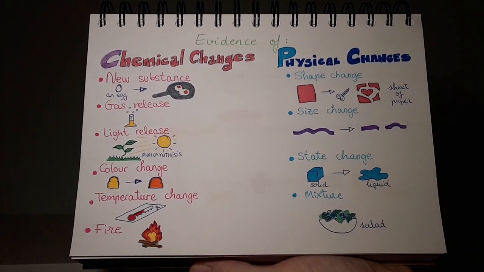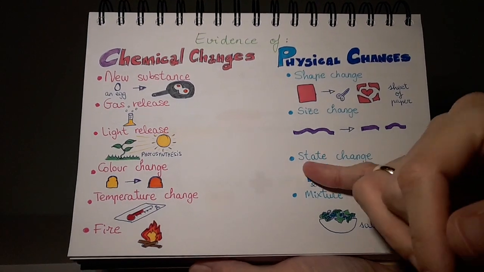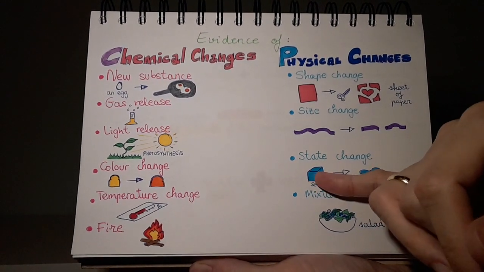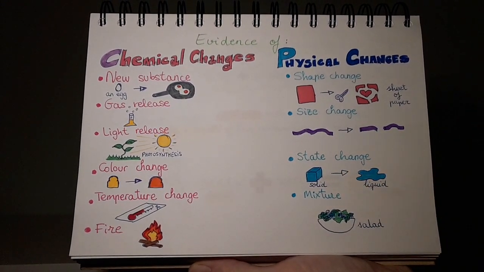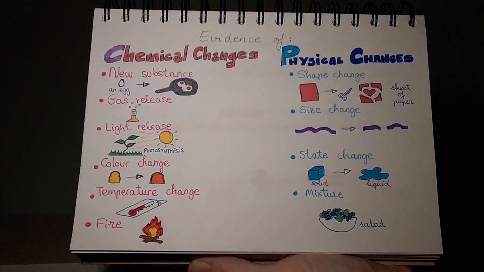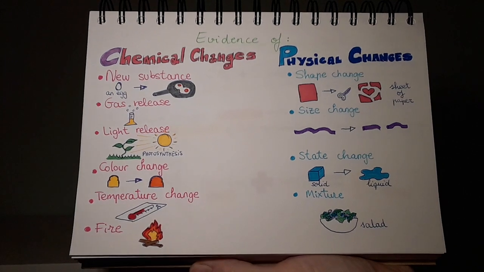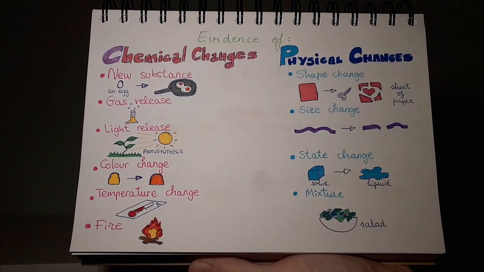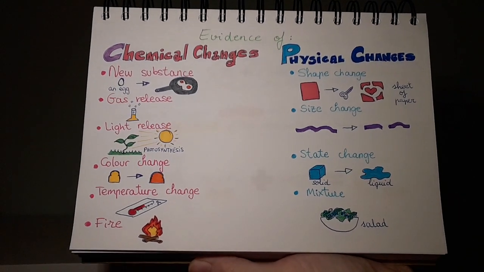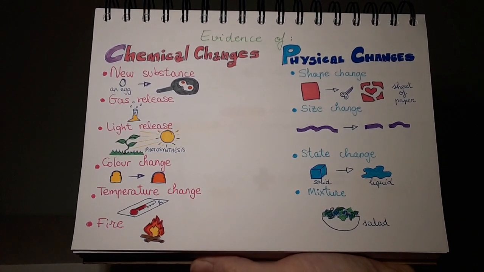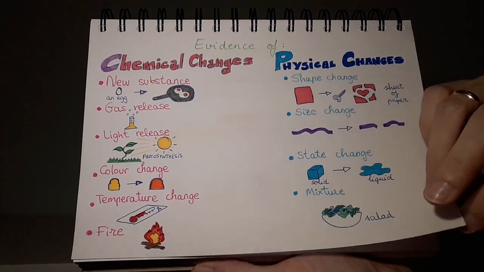State change. Here we have an ice which is solid, and then it melts into liquid. And mixtures, okay? For example, in a salad. Let's continue.